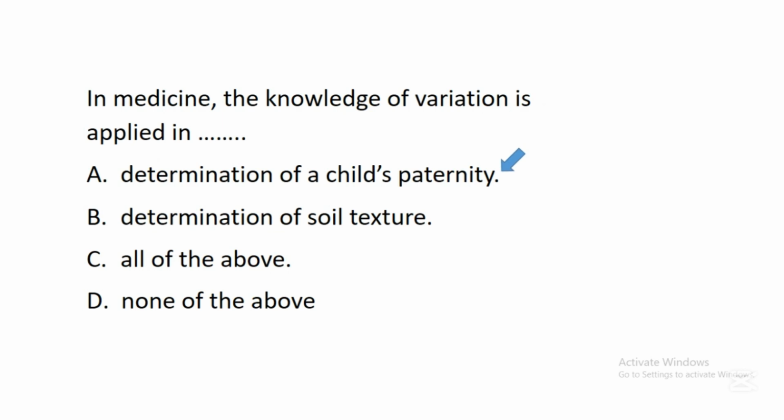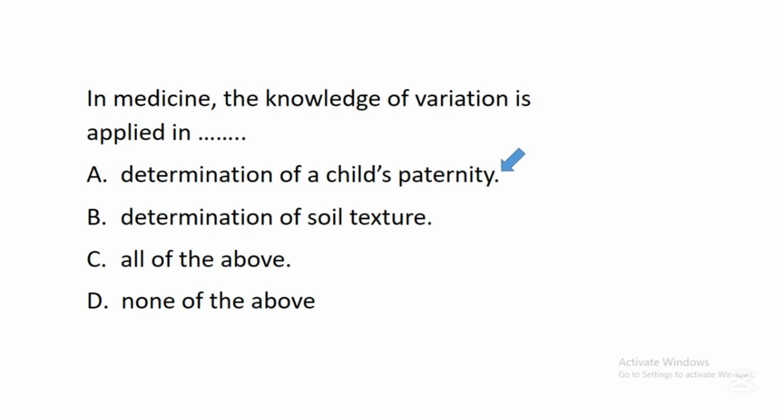This topic known as variation is very important in such a way that the knowledge is highly useful in the field of medicine, and medical scientists apply this knowledge of variation in determining the paternity of a child. We live in a modern society whereby the paternity of a child can even be determined before the child is born.